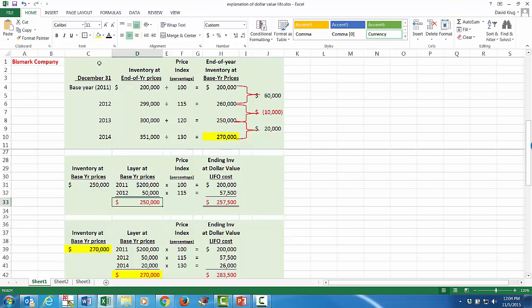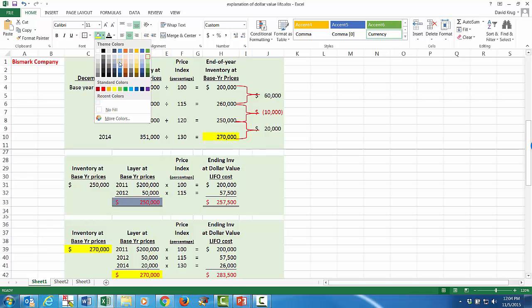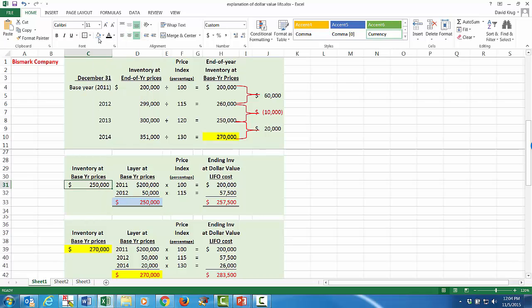This number here needs to equal that number right there, which is that number right there. But all we are doing is converting our inventory into a dollar value LIFO cost inventory. This is what would be reported on the financial statements and the tax return. This is not used for internal management of inventory, but simply for those other items.